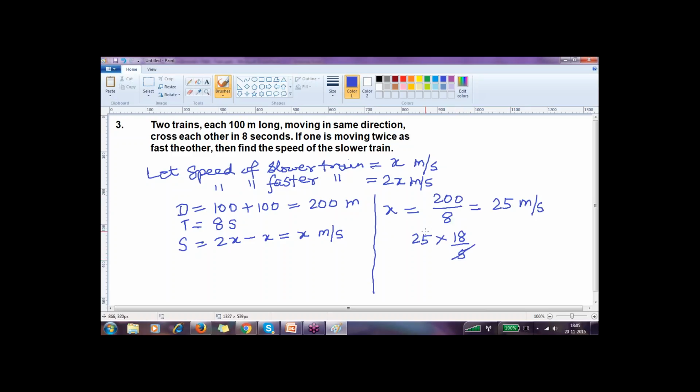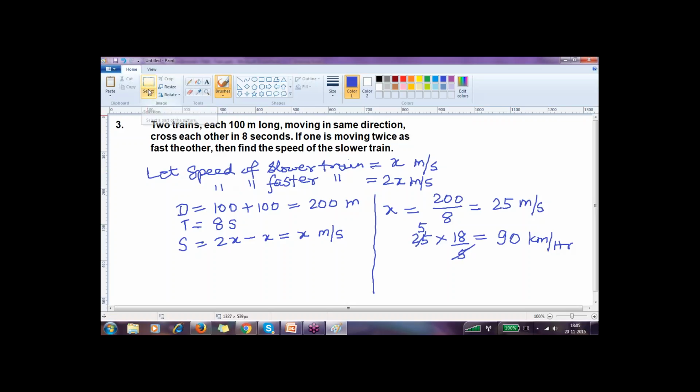You cross this, you get 5, so it is equal to 90 kilometers per hour. So the answer is 90 kilometers per hour. X is the speed of the slower train. Since x is the speed of the slower train, the speed of the slower train is 90 kilometers per hour. Okay, understood?